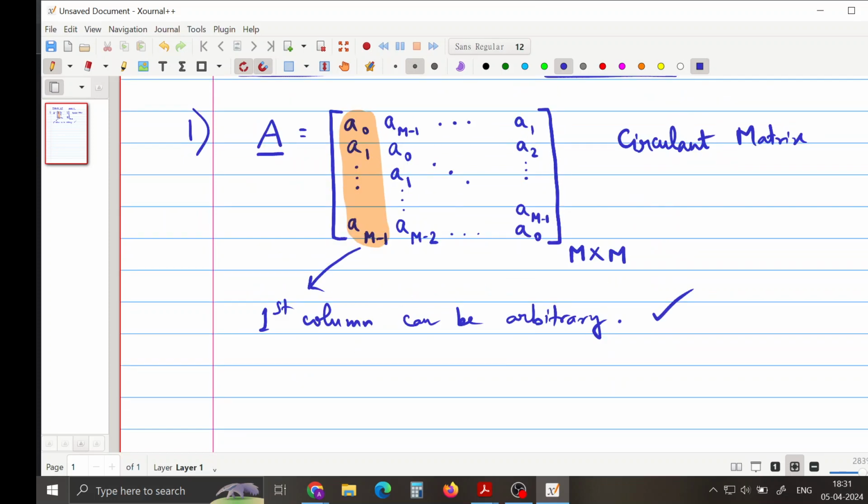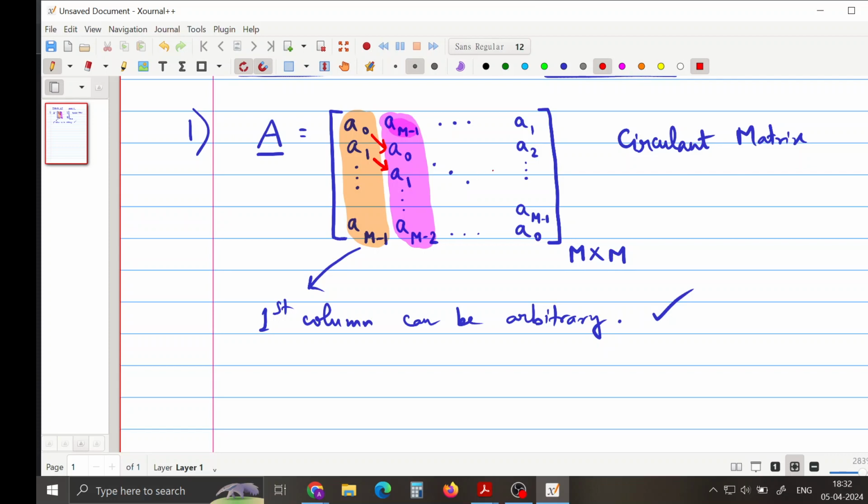And the observation here is that the second column, meaning this column, is a circular shift of the first column by 1 unit, because you see these elements, this A0 is going down here by 1 place, this A1 is going down 1 place here, and so on.